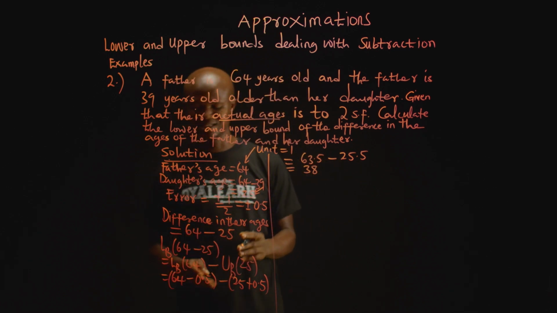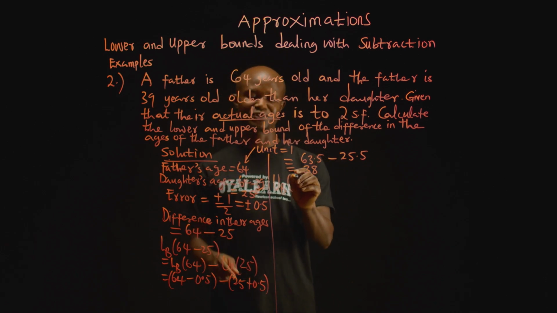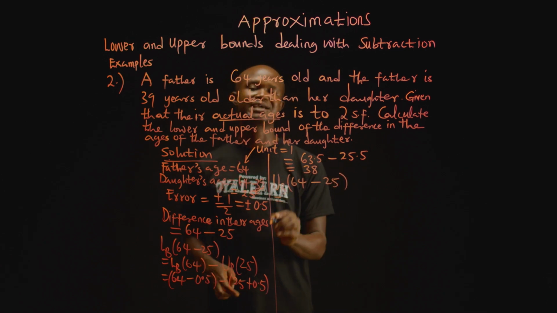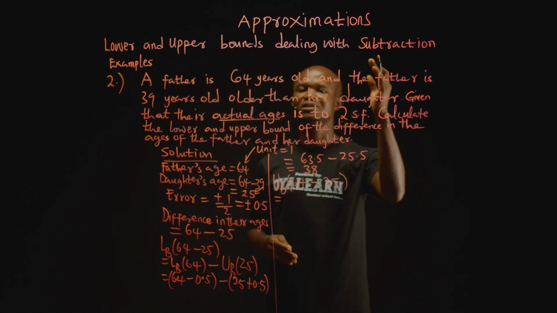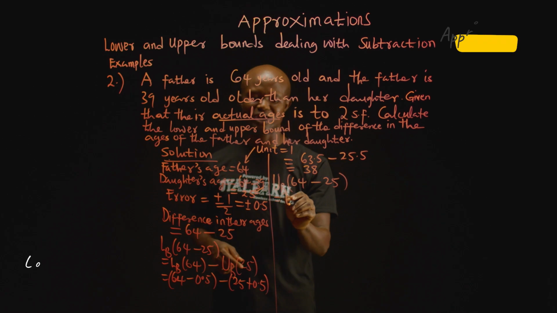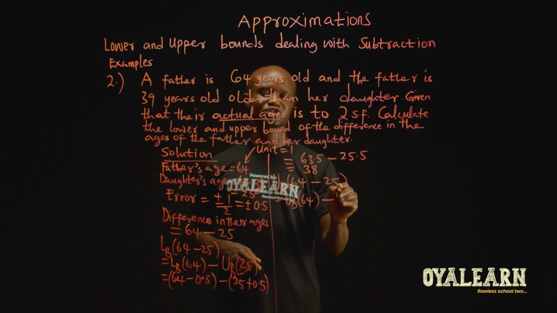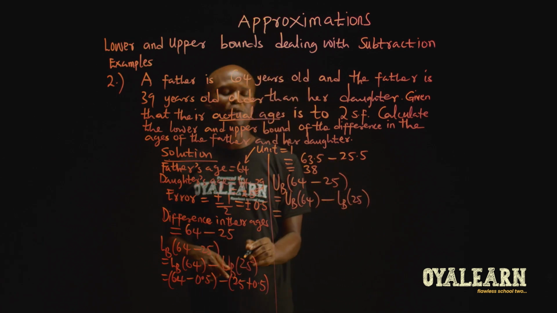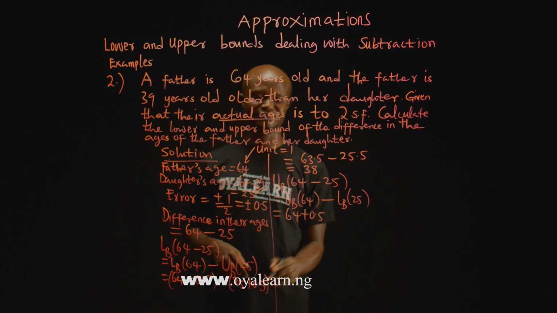Now let's calculate the upper bound. We have upper bound of what? We still go back to the difference, 64 minus 25. So in this case, based on the rule of operation dealing with subtraction, it means that we have upper bound of 64, then minus lower bound of 25. What is the upper bound of 64? That will be 64 plus 0.5.